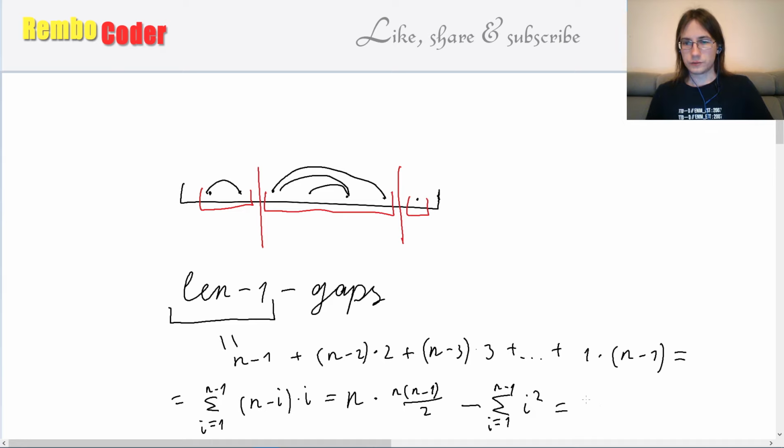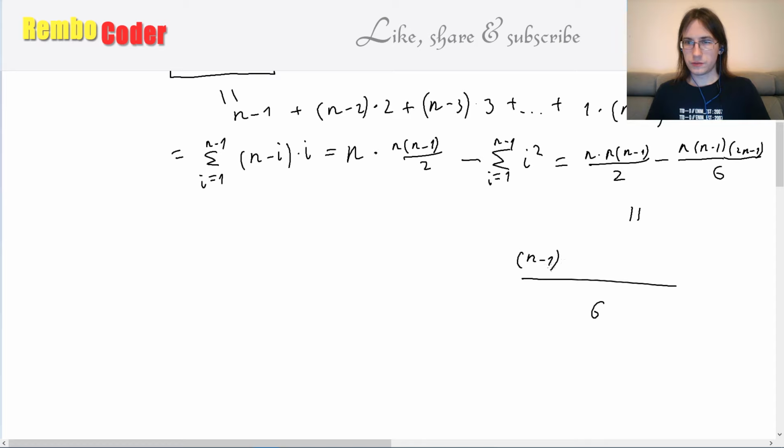It's equal to n minus 1 times n times 2n minus 1 over 6. So let's put n minus 1 under the brackets and n also under the brackets, and we get 3 times n minus 2n minus 1, and so on, and we get, finally, n minus 1 times n plus 1 over 6.